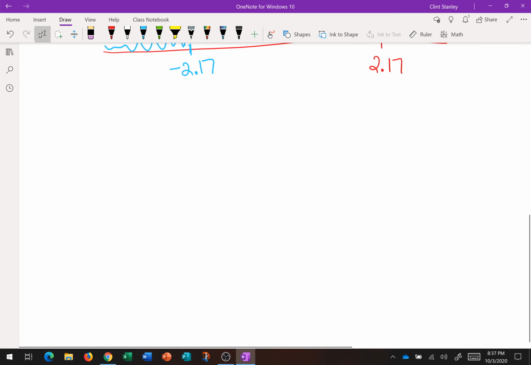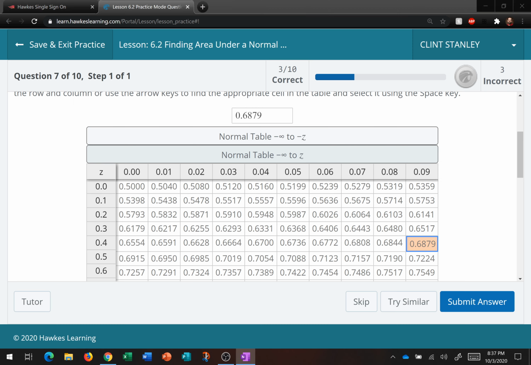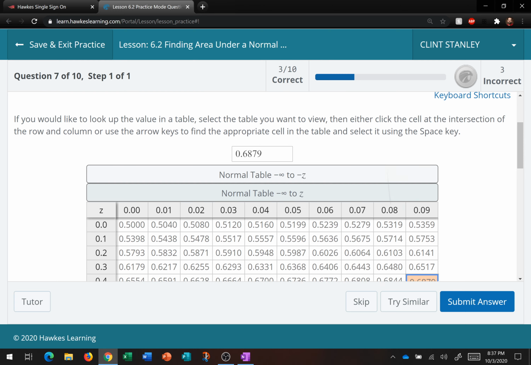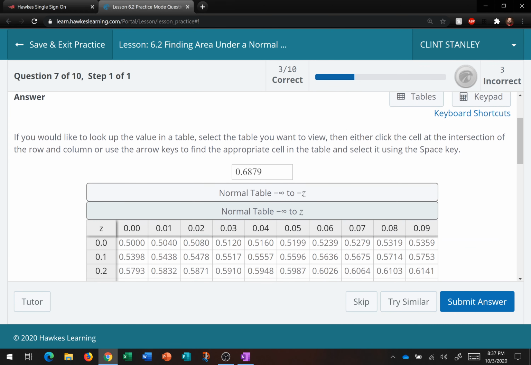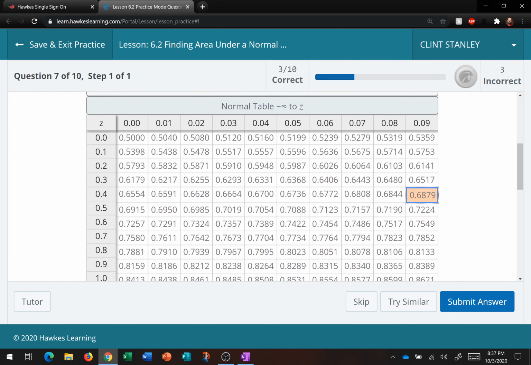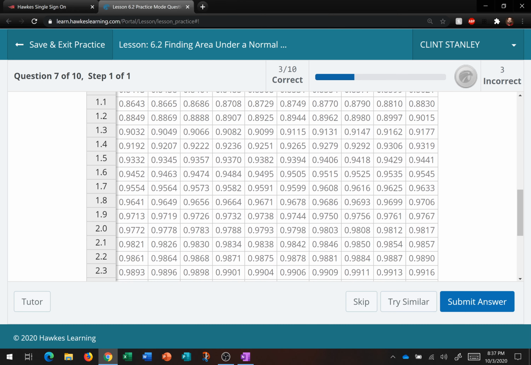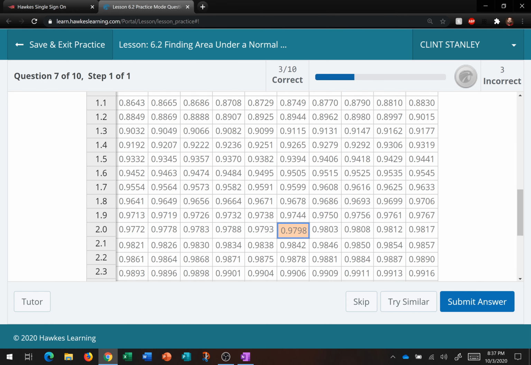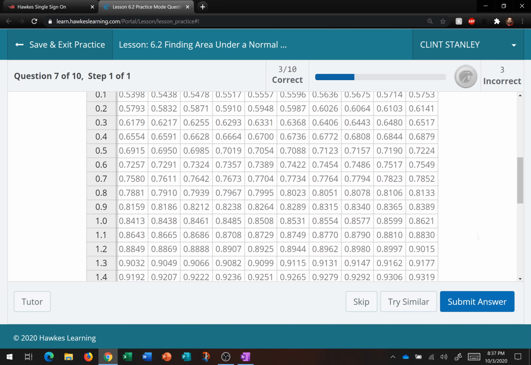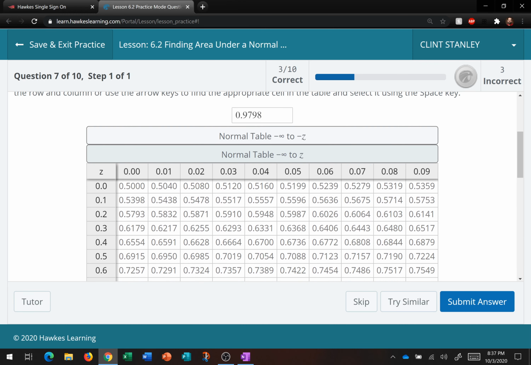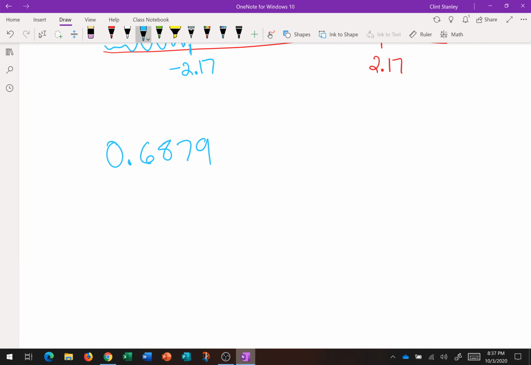I'm going to write that down. That's one of my areas. Then I'm going to look up 2.05. So 2.05 is right here, I believe. Yeah, 0.9798.